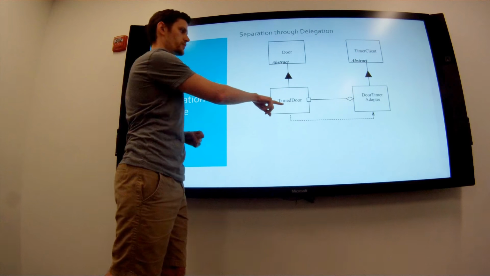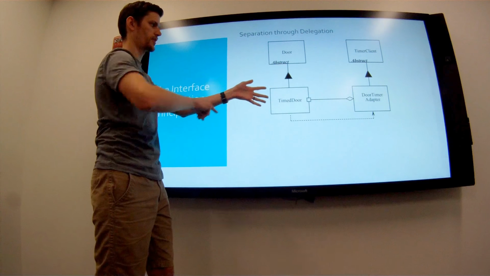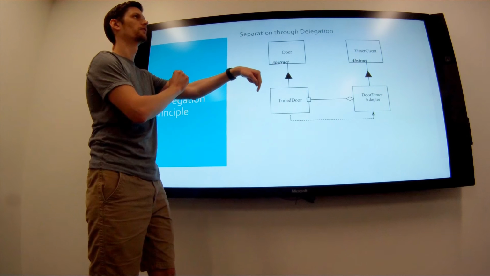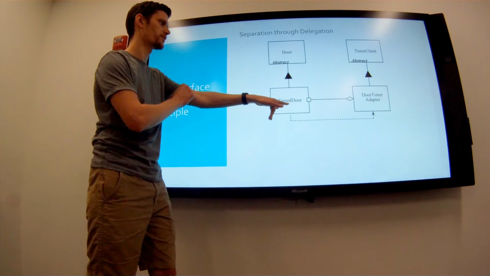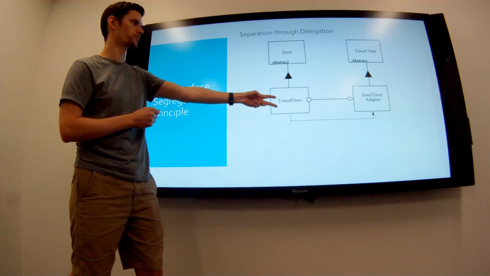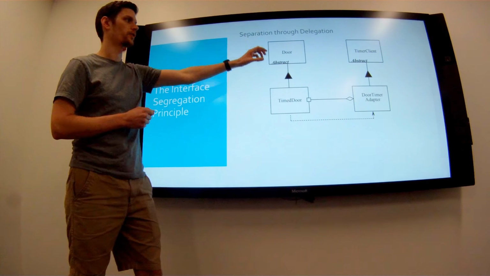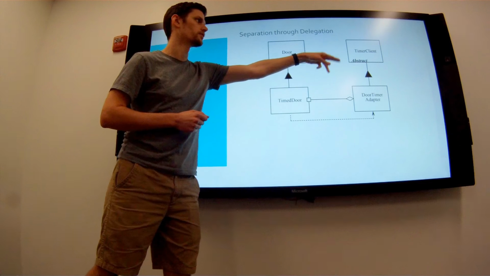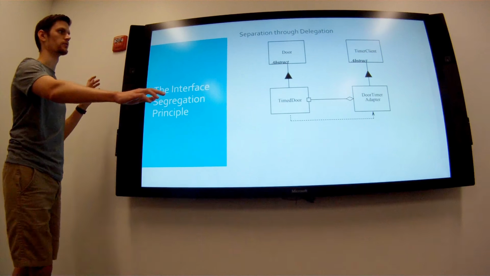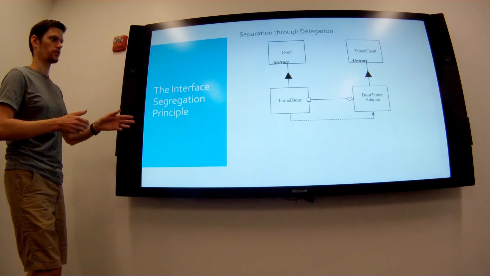The adapter knows about the timed door, and the timed door knows about the interface of the adapter, so that it can map from one to the other. And timed door just instantiates the adapter and only implements door. So now you have a whole separate object that's providing that interface, and they don't need to know about each other as directly. One way to do it.